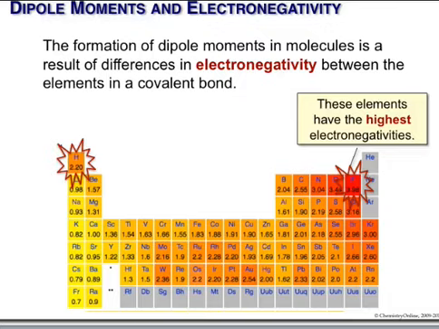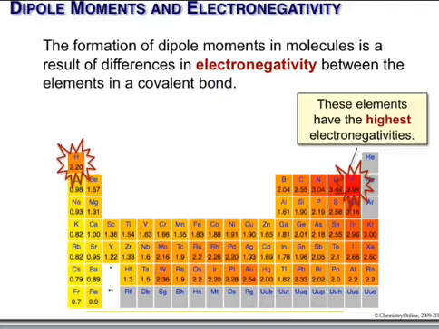Oxygen more than sulfur, etc. Electronegativity is a simple property of an element that describes how strongly it attracts electrons to itself. Fluorine, the most electronegative element in a covalent bond, will draw the electrons towards itself. That's where the thing comes from.